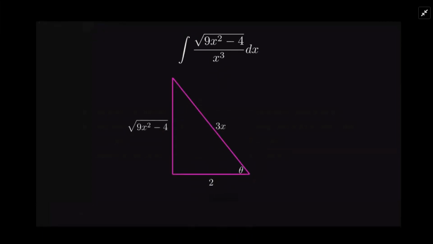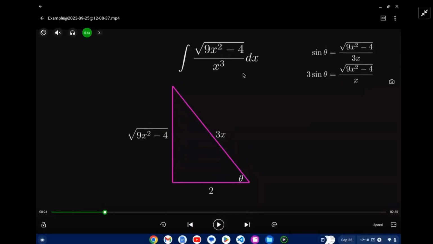All right, so we have sine theta is opposite over hypotenuse. So we have the numerator, right? We don't want the 3, so I'm going to move that over to the left. I have an x here, so I've got the denominator partially, but not all the way. I need an x squared. So then you need to think of the cosine. The cosine is 2 over 3x. That's got an x in the denominator.